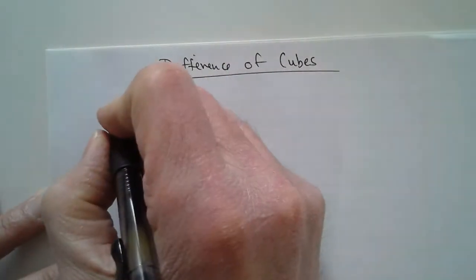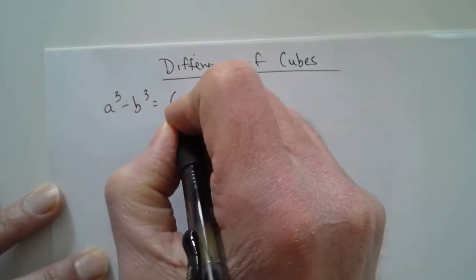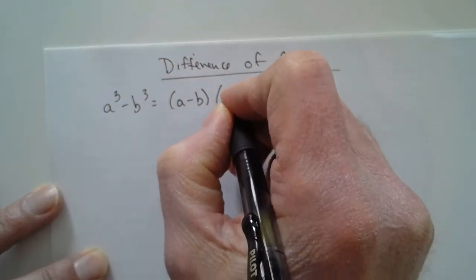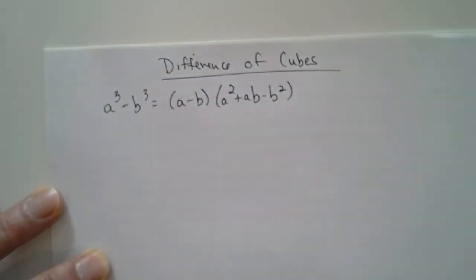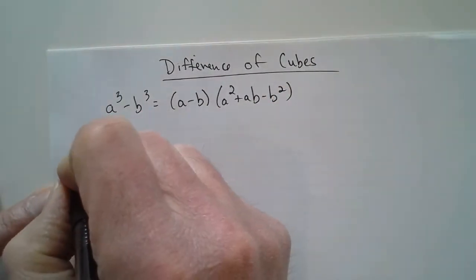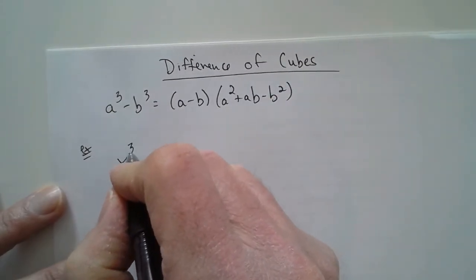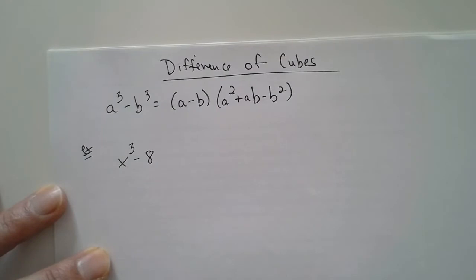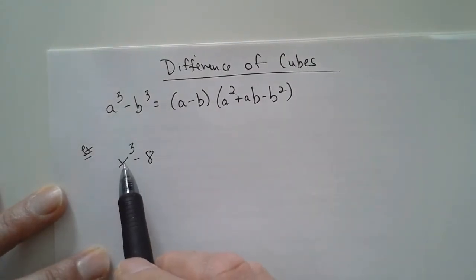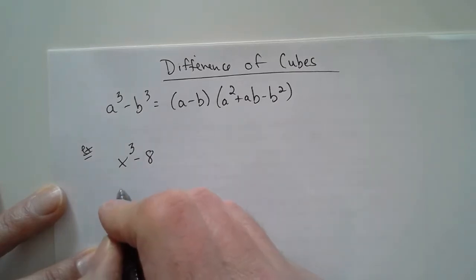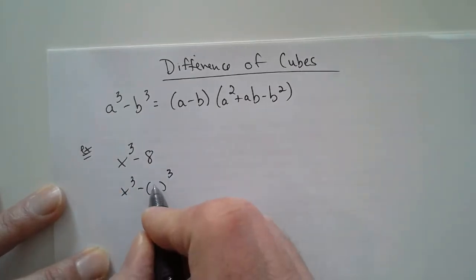So the formula for that, a cubed minus b cubed equals a minus b, a squared plus ab plus b squared. So an example, if I have x cubed minus 8, well, the a here is going to be x, and the b here, well, what is cubing to get 8? Well, that'd be 2.